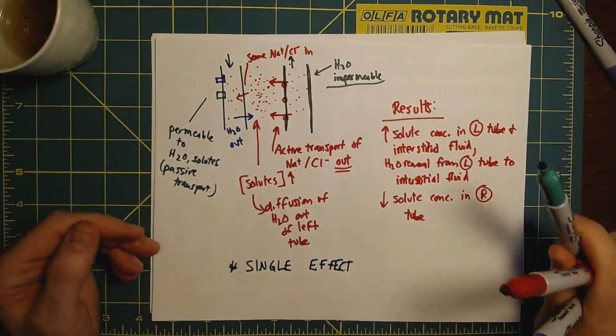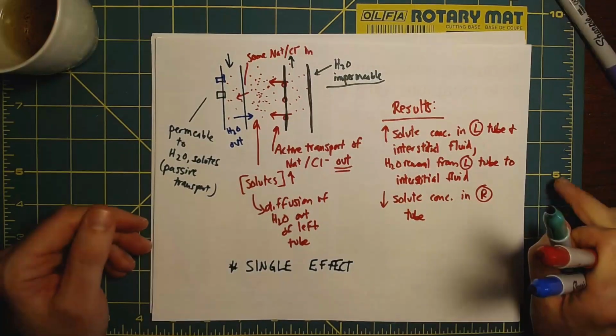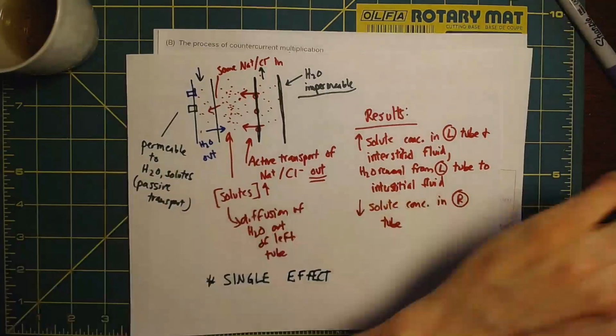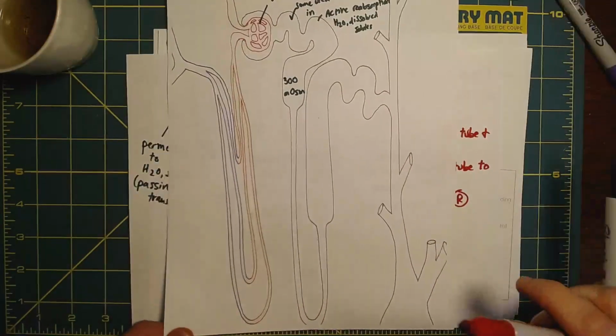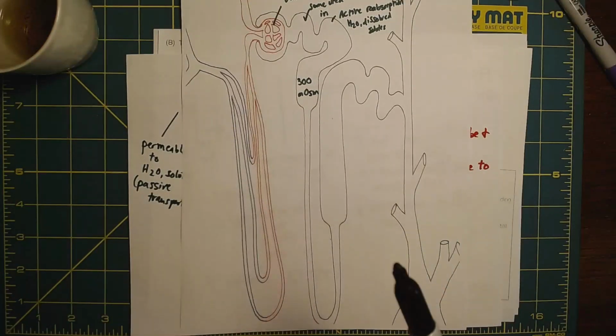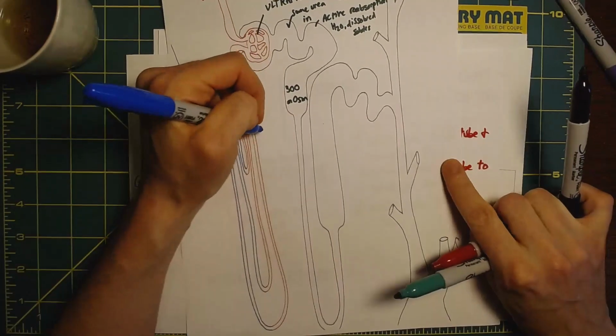Now we're going to map this back onto the loops of Henle. This is actually exactly the arrangement that we have in the loops of Henle. So in our descending loop of Henle, we have a descending limb that is permeable to water.